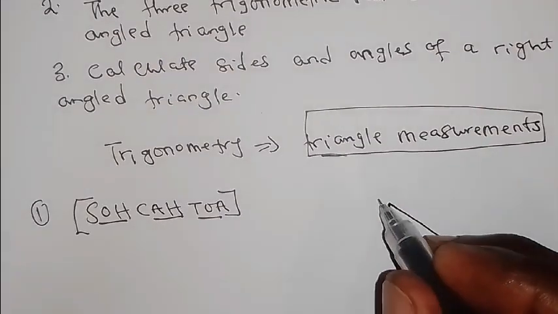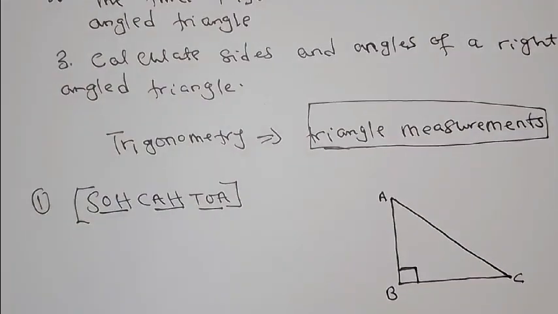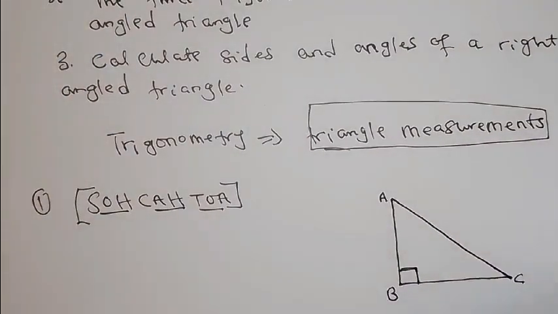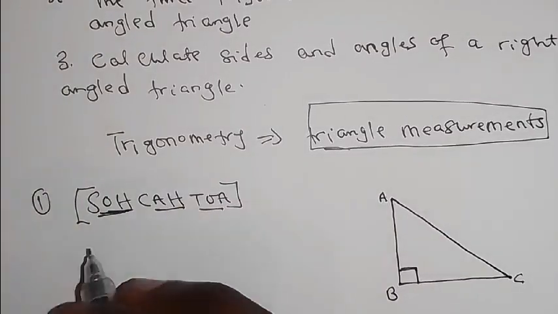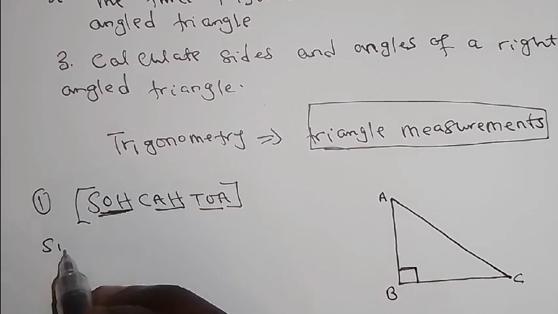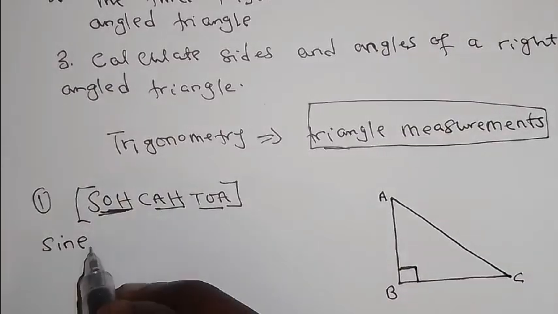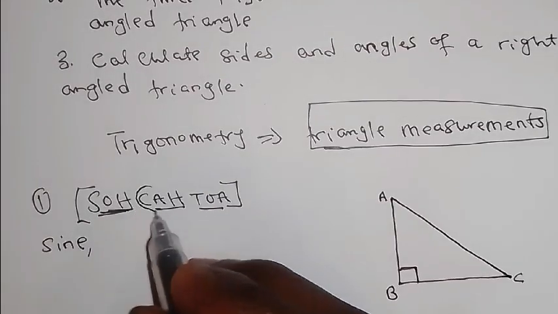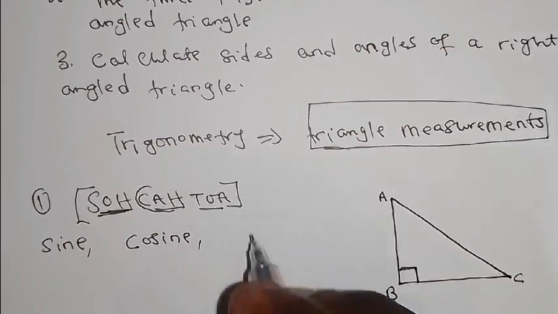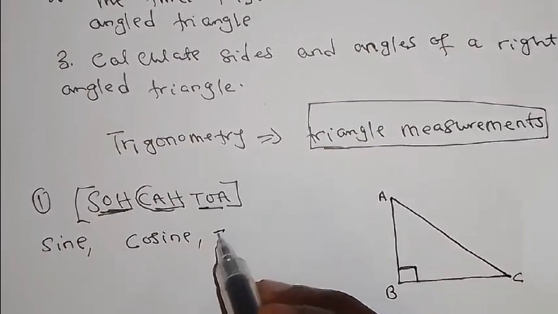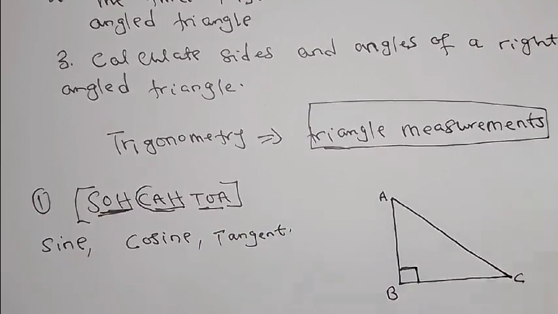Let's say this is A, this is B, this is C. The three letters represent one ratio each: S stands for the sine function, C stands for the cosine ratio, and T stands for the tangent.